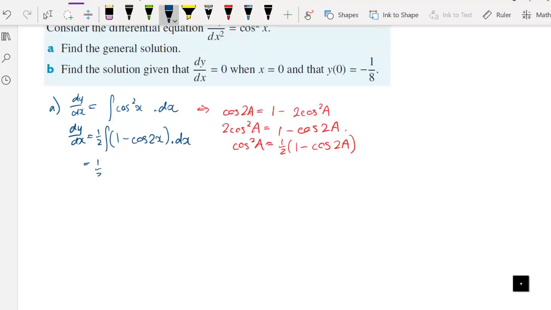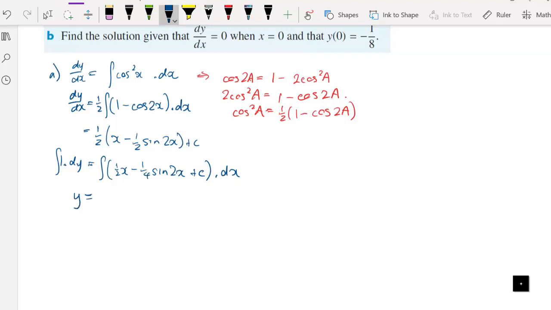So the integral will be 1/2 of x take 1/2 sine 2x plus c. Now when we take the next step, we know that we've got 1 dy, and that's equal to the integral of 1/2 x take 1/4 sine 2x plus c with respect to x.